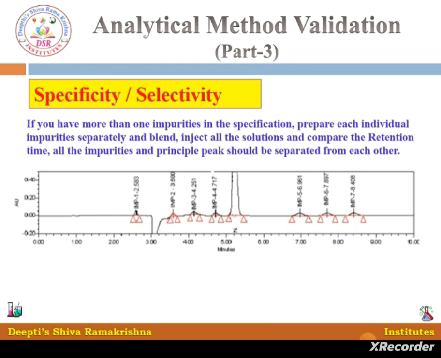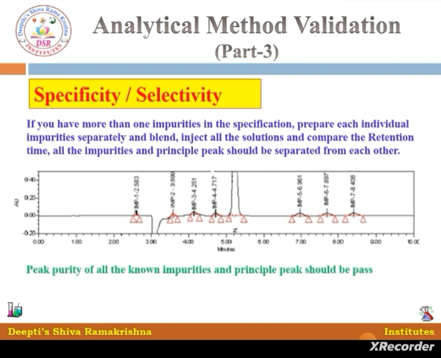As per the chromatogram below, the principal peak was separated from all other impurities. So this is the criterion for specificity: all the impurities should be separated from the principal peak and from each other.